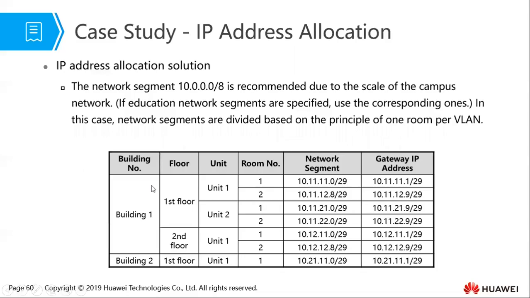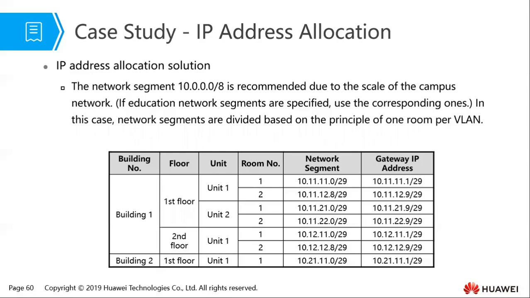The next one here is also a case study on the IP address allocation. So, IP address allocation solution. Remember, we had 8 dormitories. So we have the network segment 10.0.0.0/8, and it is recommended due to the scale of the campus network.